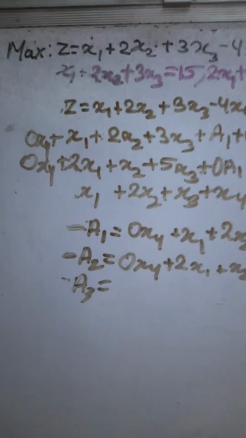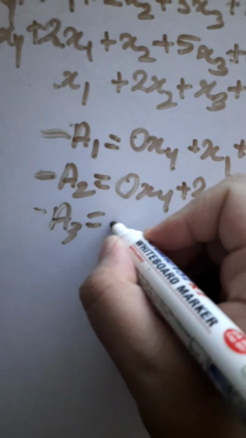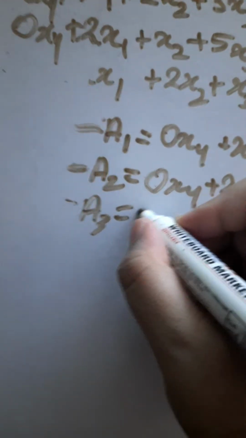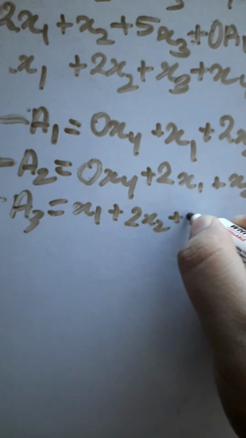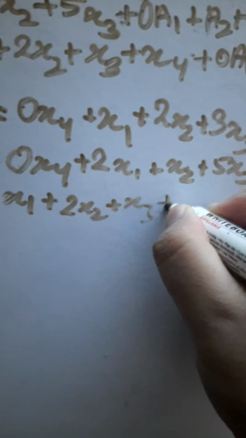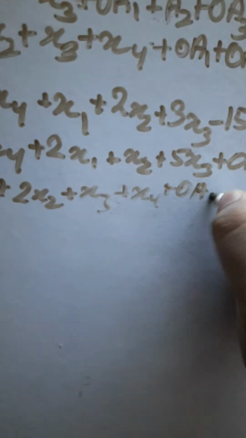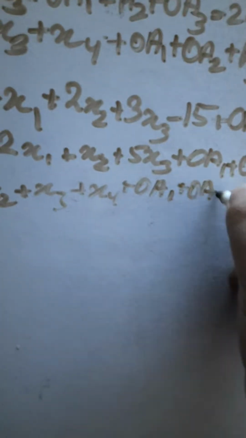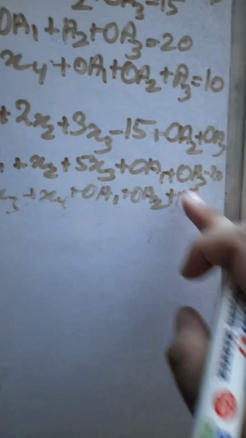Yes. Now minus a3 would be, see here, see this equation. x1 plus 2x2 plus x3 plus x4 plus 0a1 plus 0a2 plus a3, sorry, a3 I've taken out, minus 10.